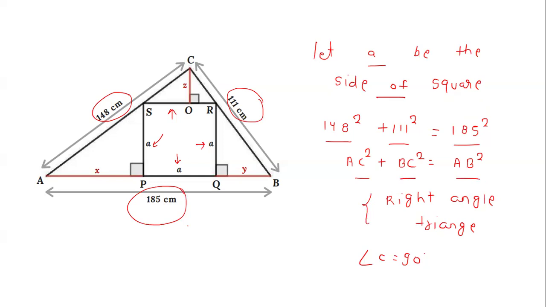From this property we can directly see that it is a right angle triangle. It is not explicitly given in the problem, but by doing the squares we can easily say that this is a right angle triangle, and here angle C is 90 degree.